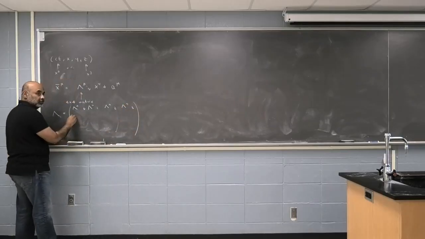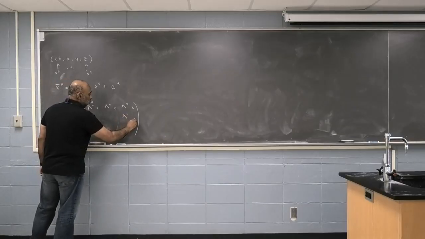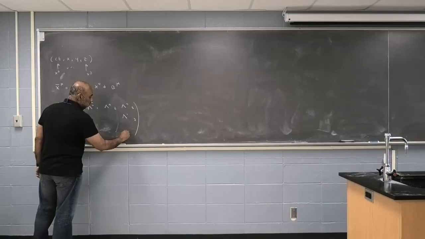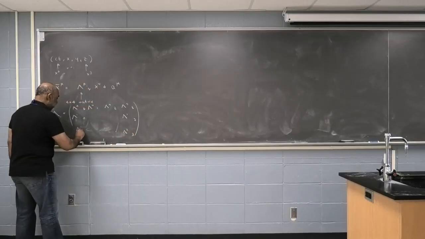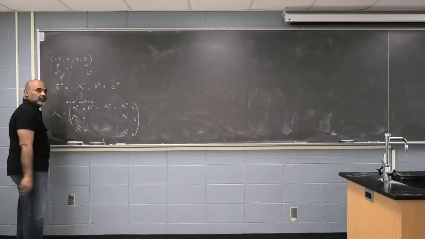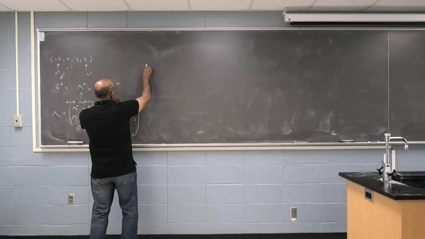What is this guy? Lambda 1, 0. This would be lambda 1, 3. This would be lambda 3, 0.